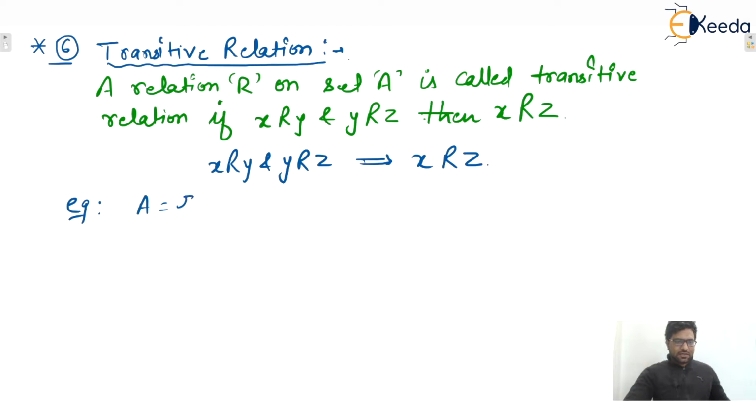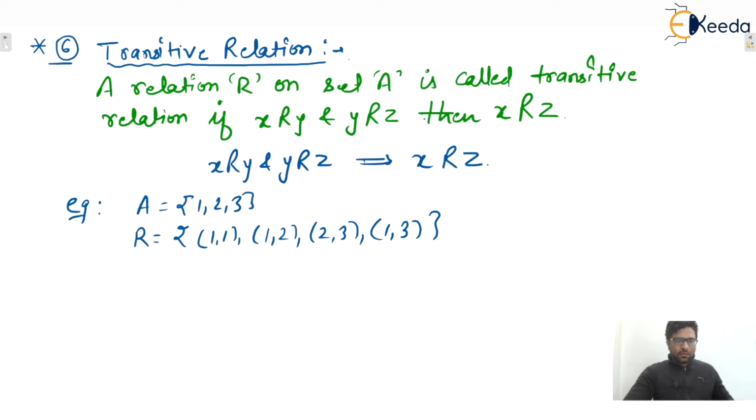Let's say a set A is given, that is {1, 2, 3}, and a relation is also given: (1,1), (1,2), (2,3), and (1,3).